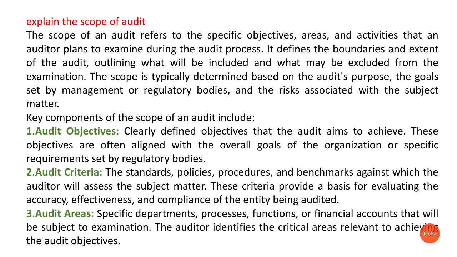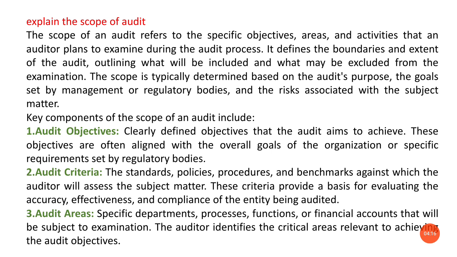Audit criteria. The standards, policies, procedures, and benchmarks against which an auditor will assess the subject matter. These criteria provide a basis for evaluating the accuracy, effectiveness, and compliance of the entity being audited.